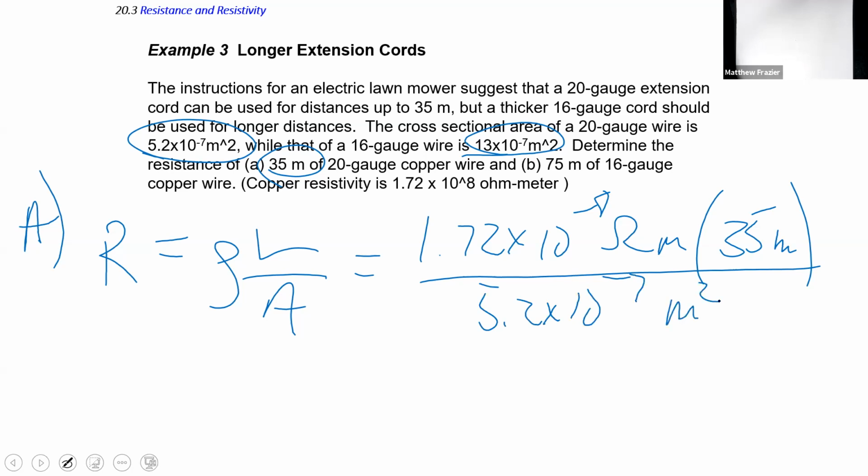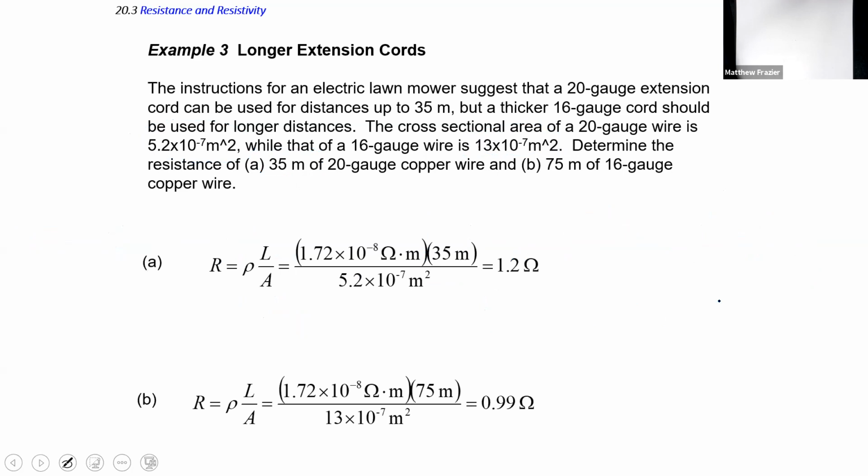Meters all cancel out, you get ohms. You get a number that's not very big. It's going to be on the order of a couple of ohms. And when we calculate that, for part A, you get like 1.2 ohms.